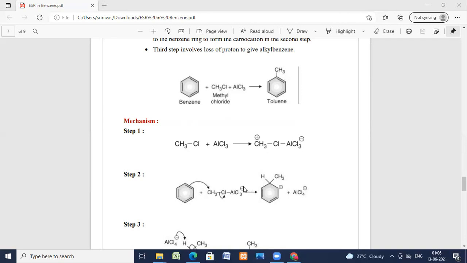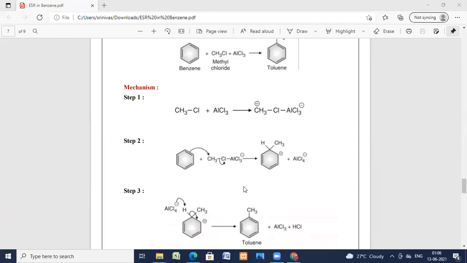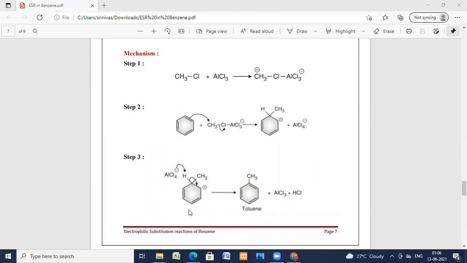This positive charge that is formed shifts around the whole ring and gets stabilized. The positive charge shifts from the ortho position to the para position and again to the ortho position. Let's see how the positive charge shifts from the ortho position.